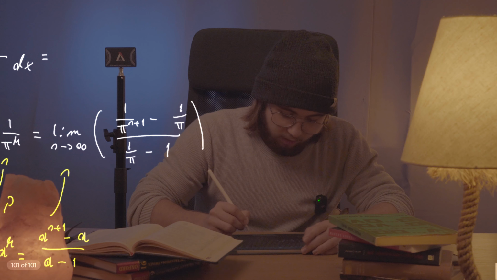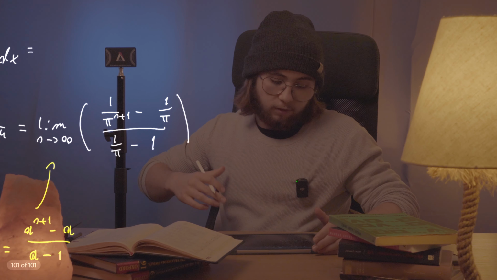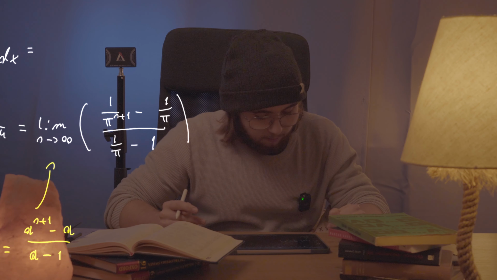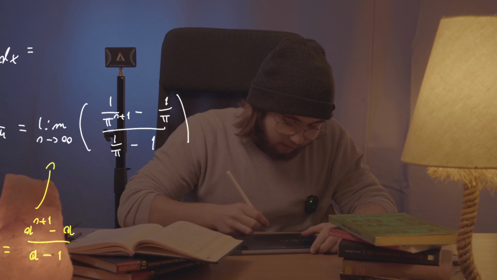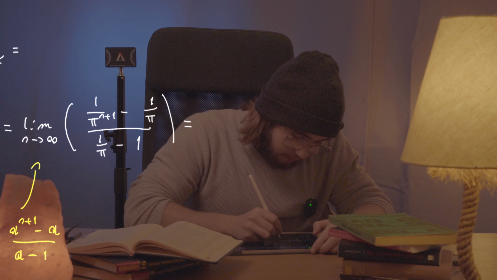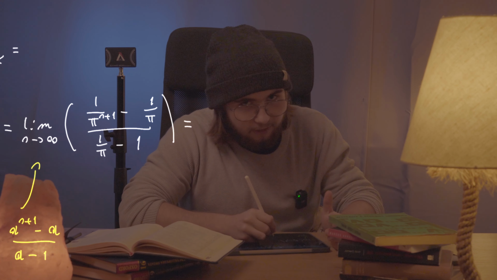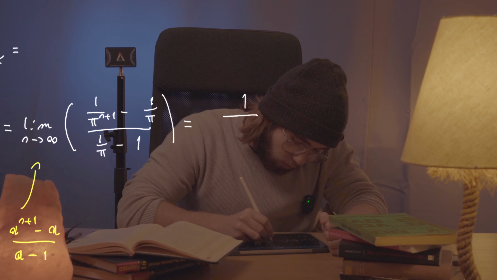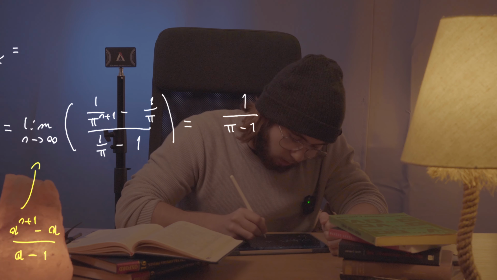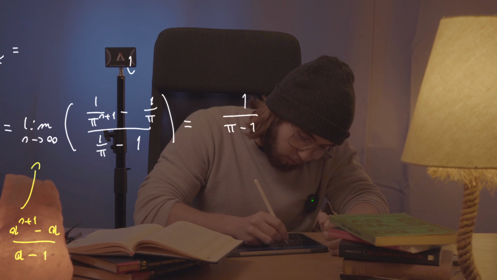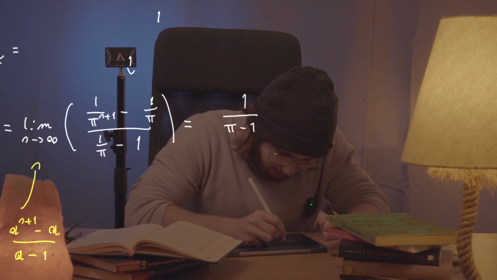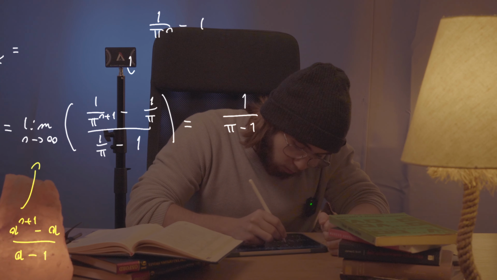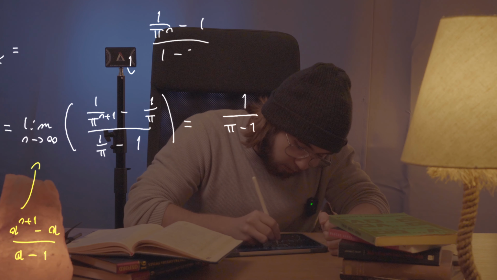And so we can multiply both the denominator and the numerator by pi, getting that this entire thing, after also plugging in infinity for n, is going to be equal to 1 all over pi minus 1, because this thing is going to be just equal to 1 over pi to the power of n minus 1 all over 1 minus pi.